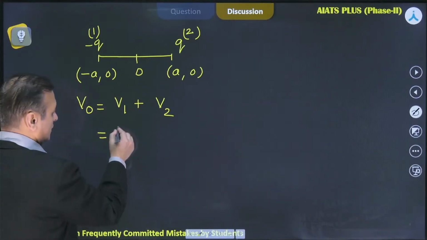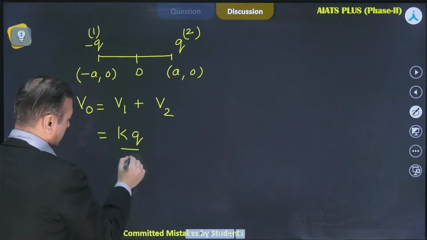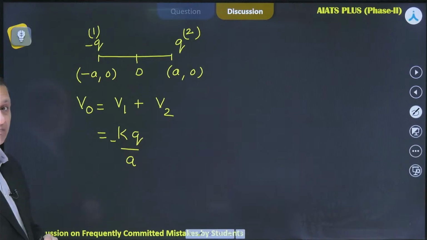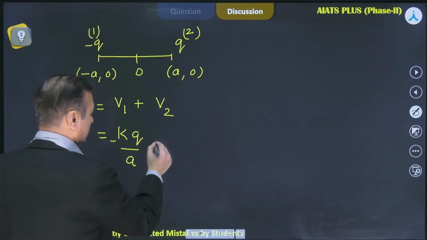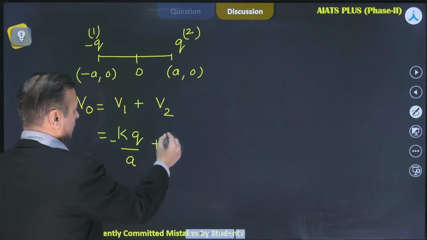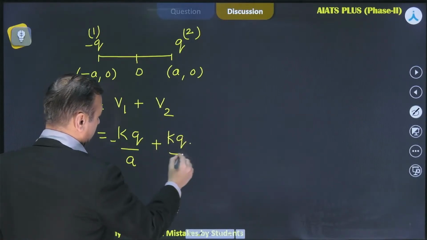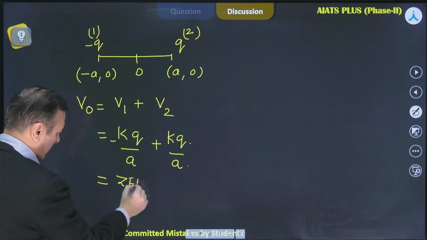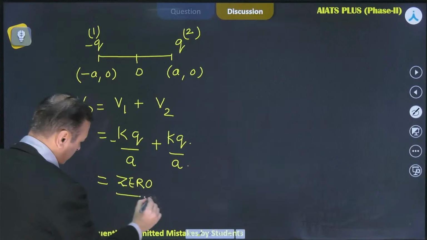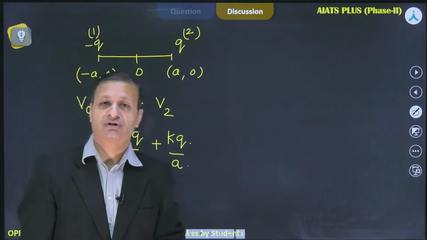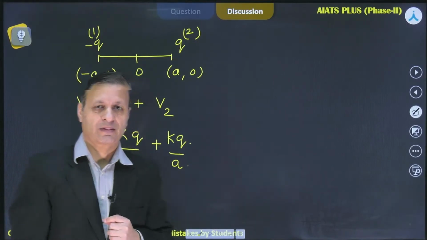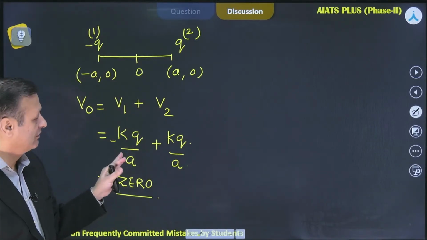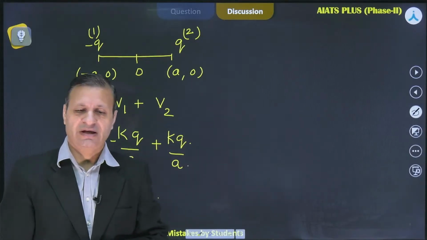Potential is KQ by A numerically, but because charge Q is negative at position 1, we'll write it as minus KQ by A, and for the other one it would be KQ by positive A. This way when you add it, for this configuration the net potential comes out to be 0. I hope we have understood this part also. Any doubt from this part?